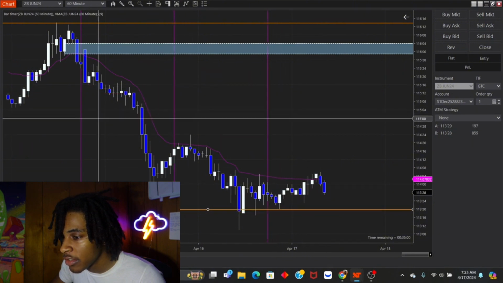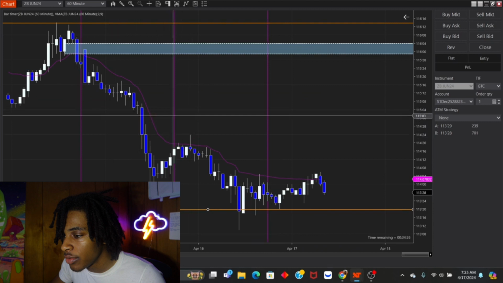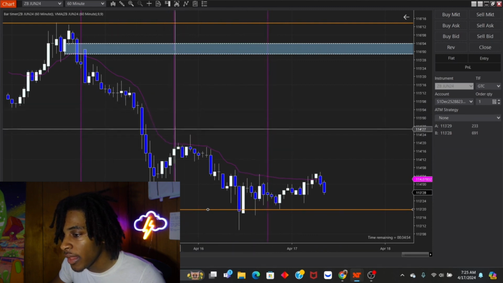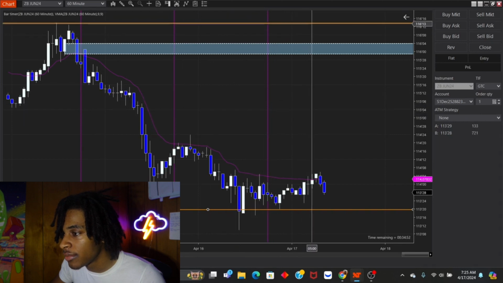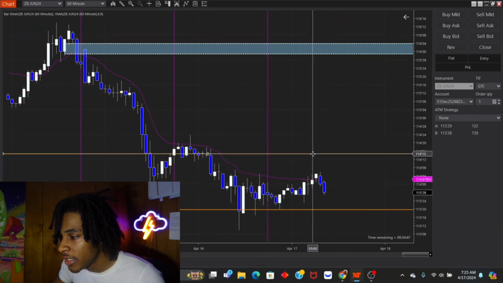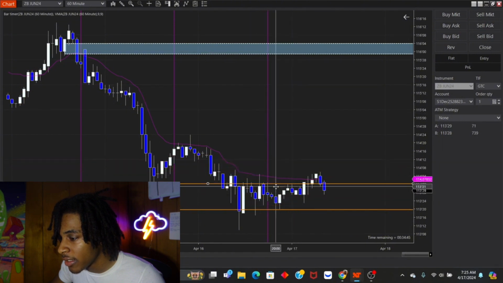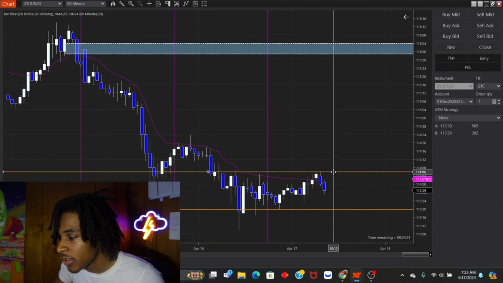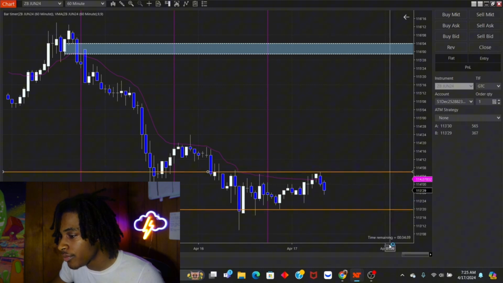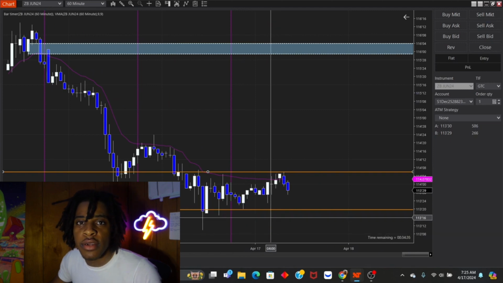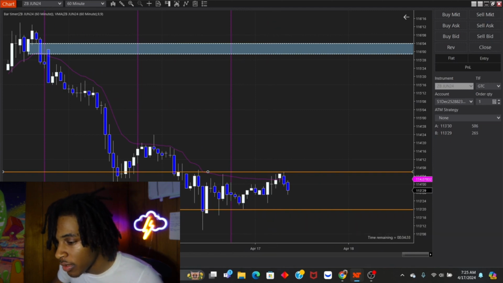These intervals represent the new day, so anytime after this new day line is all last night. Basically I'm looking for the highs and the lows of last night to help me get a range of where the day could possibly go, or where it has been over the past couple of hours.